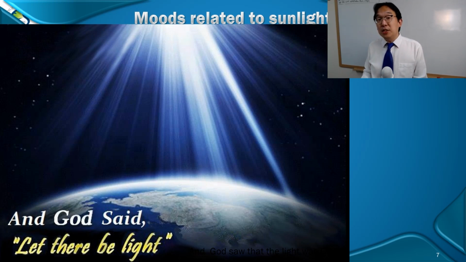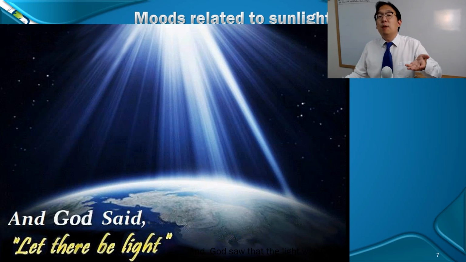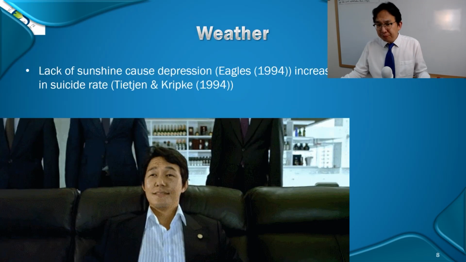So you have a better chance of survival during the daylight time. So you're destined to have the tendency to like light. The light will boost up your mood, your emotion.